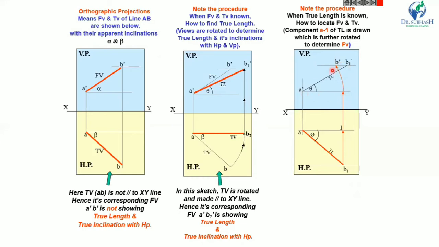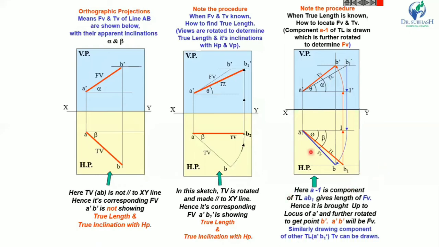Join A dash B dash, which is the front view. Similarly, from point B dash draw a line perpendicular to XY. Now with A dash as a center, from B1 dash draw an arc, and you will get the point B. AB is the top view, beta is the inclination of the top view, and alpha is the inclination of the front view.